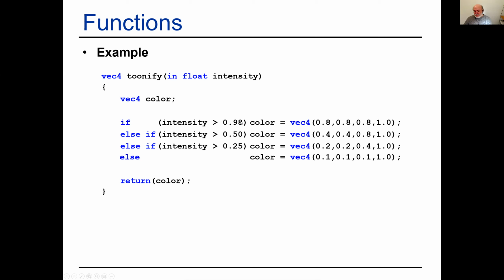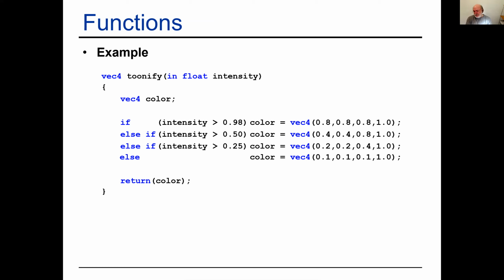Between 50% intensity and the first one, then you use a different color. Between 25 and 50%, yet another third color, and everything else. So instead of a smooth interpolation, you actually artificially create a quantization. In some sense, artifacts, but in this case, it is intended. And if you use techniques like that, you get characters or objects that look somewhat like you would do them for cartoons. That's a very simple version.